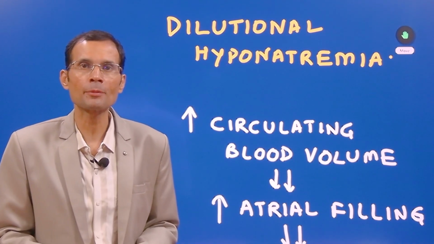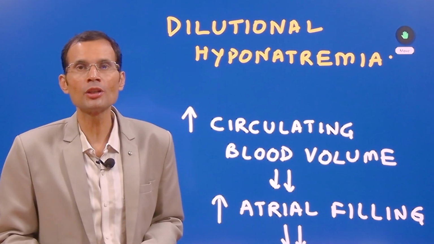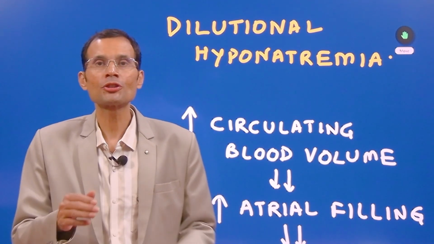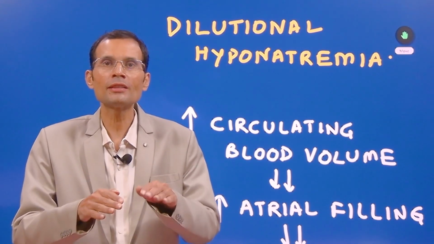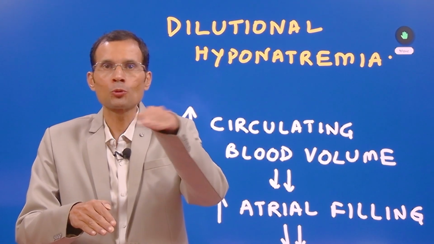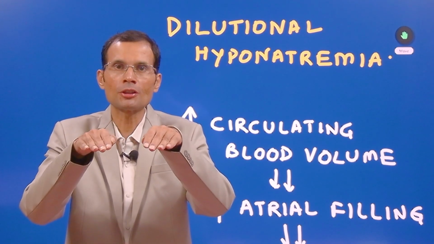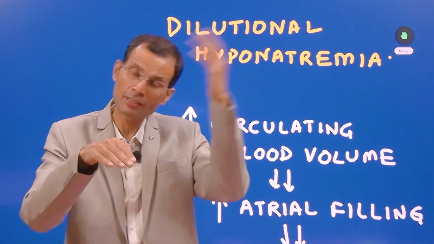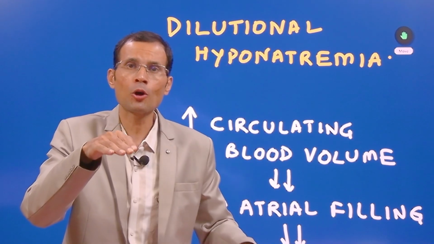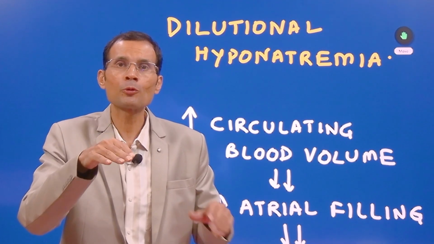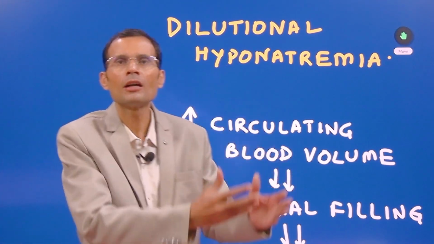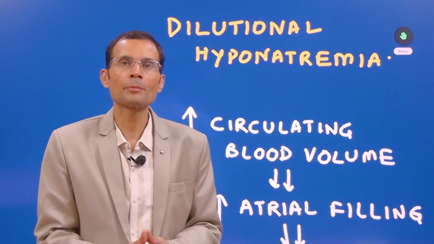Those who are first prof students may not clearly understand this term, dilutional hyponatremia. So here is the condition: sodium and water. There is a possibility that in certain conditions sodium is lost out of the body and therefore there is absolute hyponatremia, absolute reduction in the sodium concentration. That's one reason of hyponatremia.